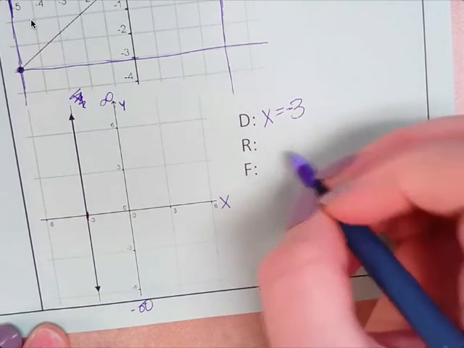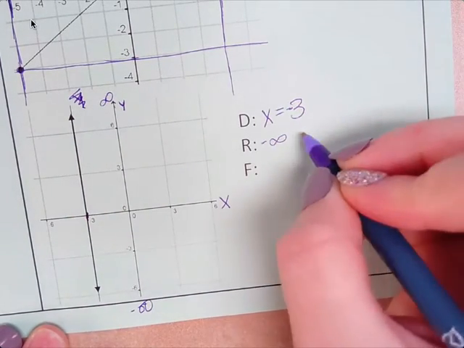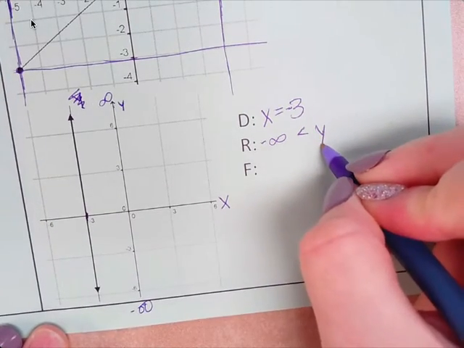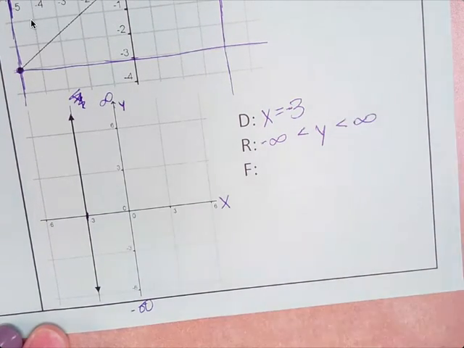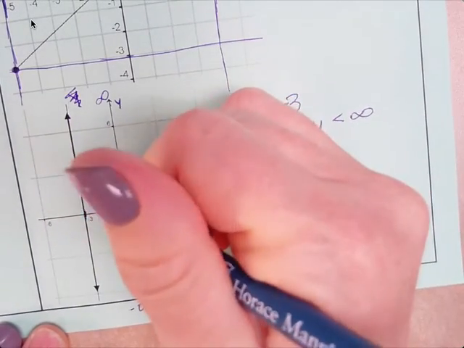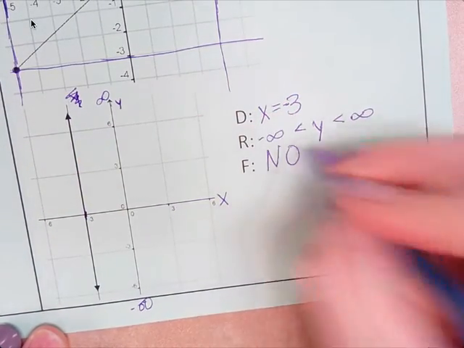Okay, so that would be negative infinity is less than y, and we always use just the less than anytime we deal with infinity because you can't actually touch infinity. Y is less than positive infinity. Is this a function? Vertical line test? No.